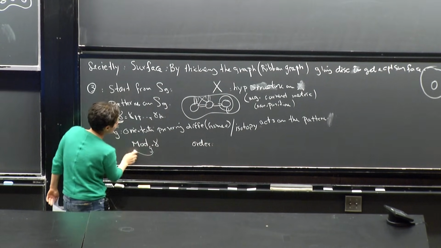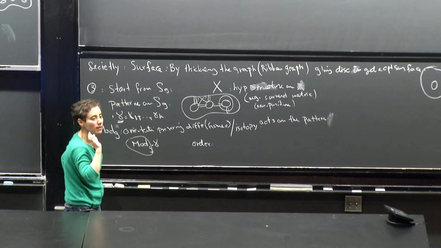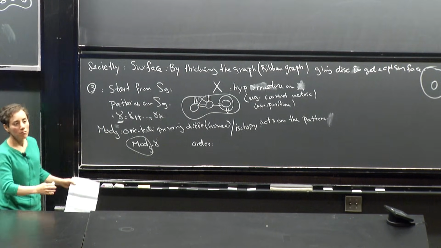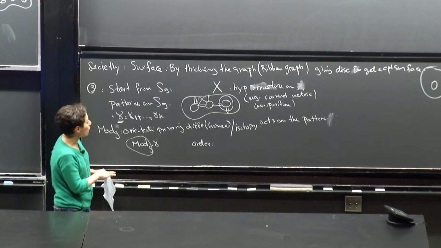An element of a mapping class group you can think about as a diffeomorphism up to isotopy.